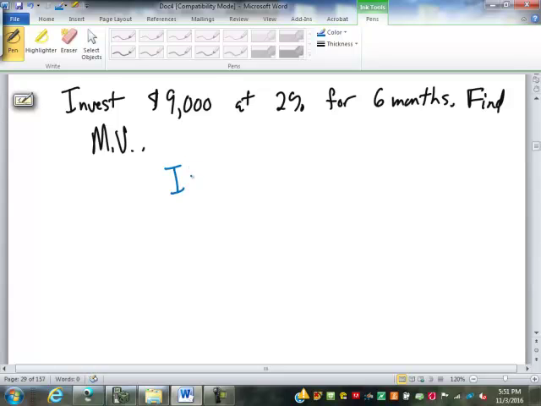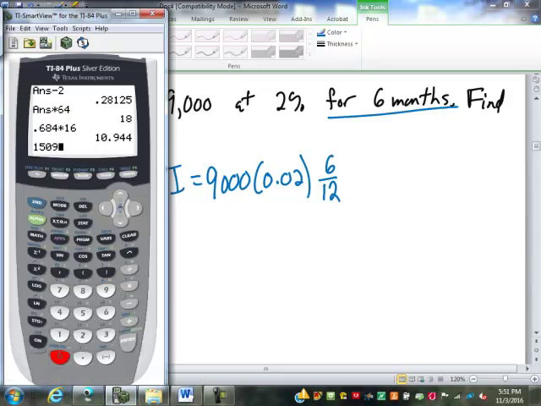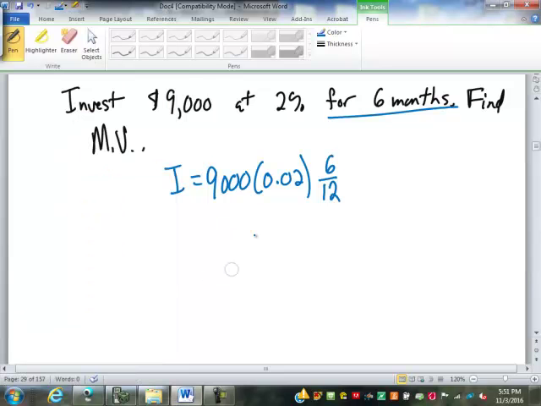So the simple interest, I, equals the principal of 9,000 times a rate of 0.02. The trick here is the time. It's 6 months, and we said our time was always given in years. So to make 6 months into years, it's just 6 over 12. So 9,000 times 0.02 times 6 over 12 is 90.